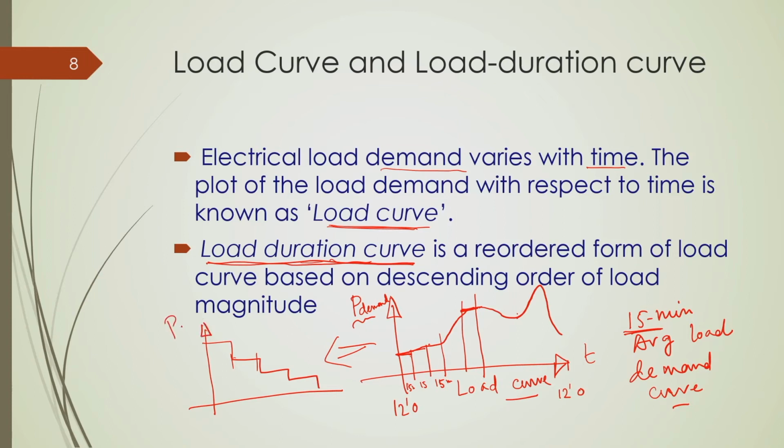In the load curve, you plot power demand with respect to time, but here, when a particular power demand happens, that information is not available. In the load curve I can understand that a particular power demand happens at a particular instant of the day, maybe at 5 o'clock in the evening. But here, since the demand is sorted and plotted in descending order, it does not tell when this type of demand took place. So, this is the difference.